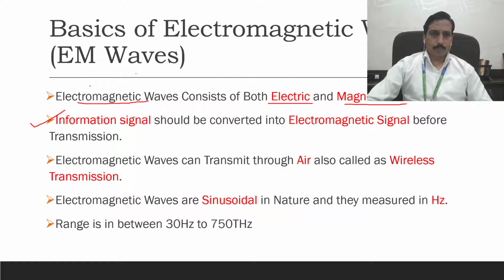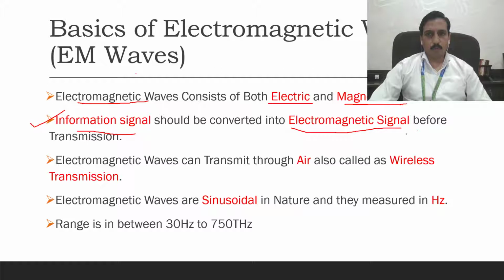That information signal should be converted into an electromagnetic signal before transmission. Our speech signal, or whatever picture we take from our camera, cannot be transmitted directly.